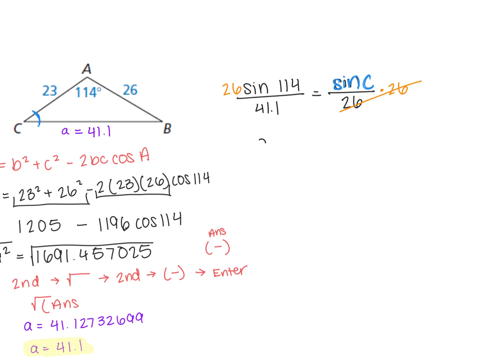So on my calculator, I'm plugging in the inverse of sine, 26 times sine 114, close the parentheses, divided by 41.1. And if you plugged it in correctly, what is the measure of angle C? Round to the nearest tenth. What am I going to get? 35.3 is correct.